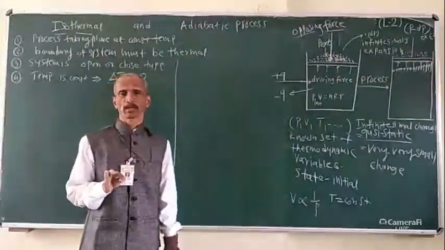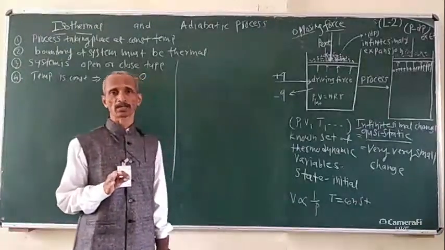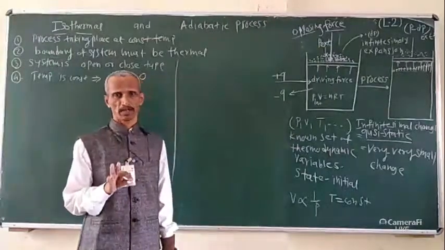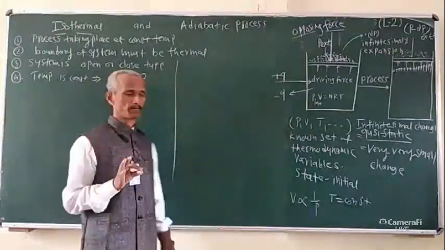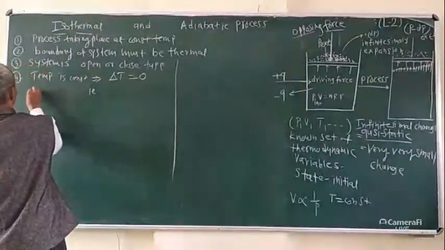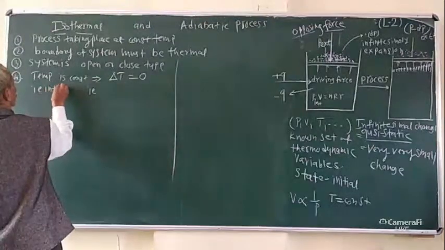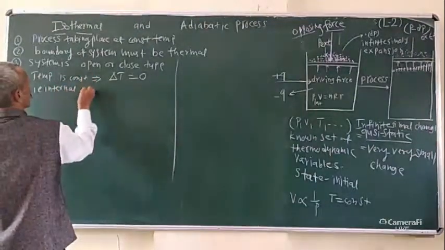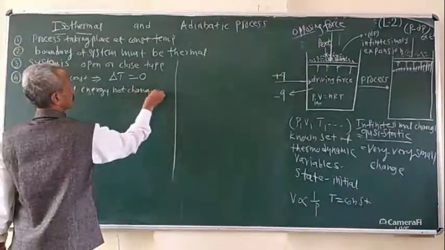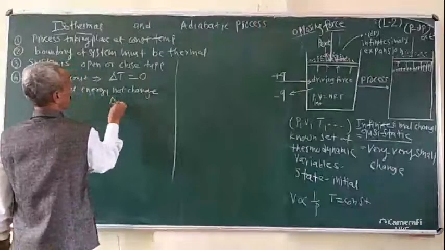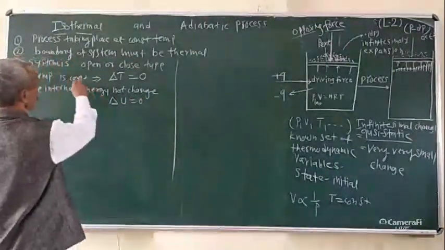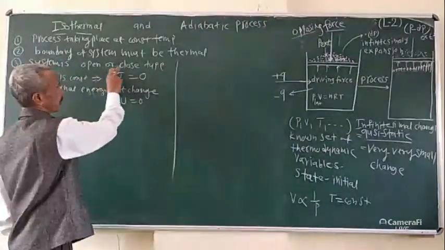Internal energy means the kinetic energy and potential energy, the vibrational and rotational motions, or bonding energy, which are unchanged. That is what it means: delta U is equal to 0.